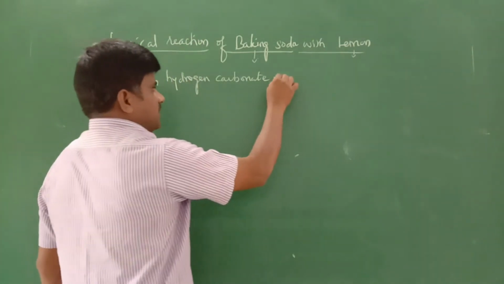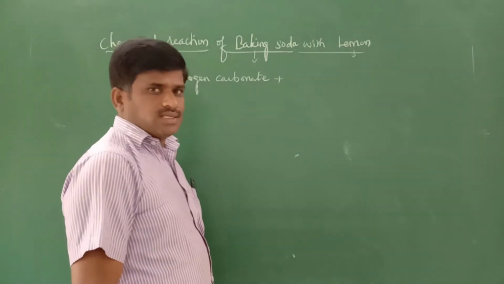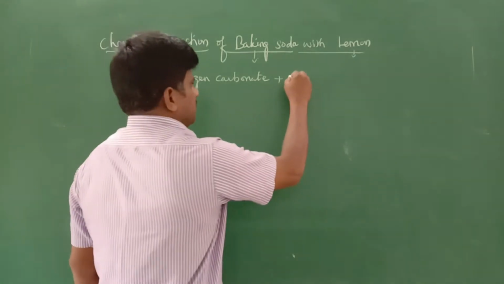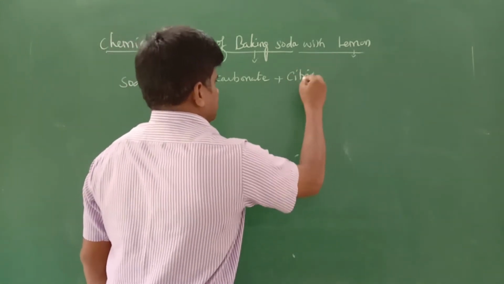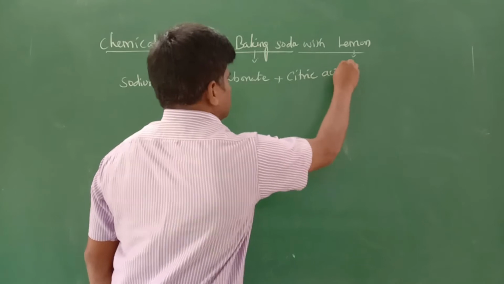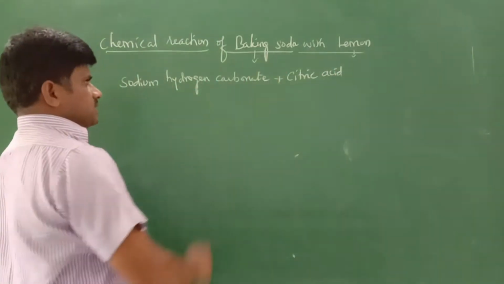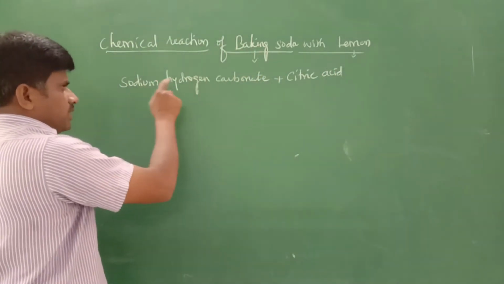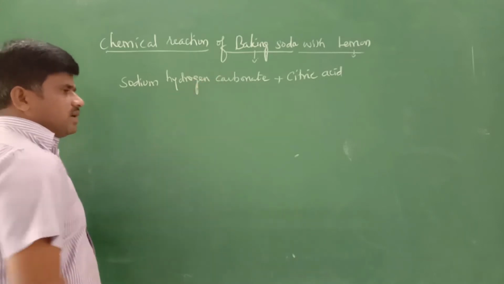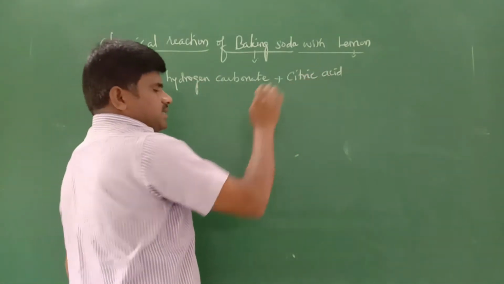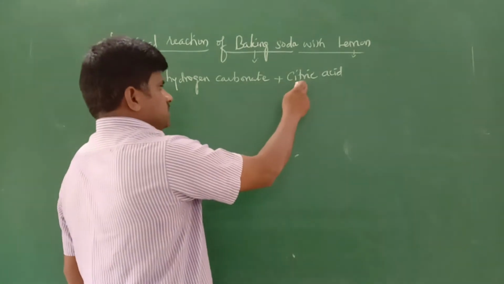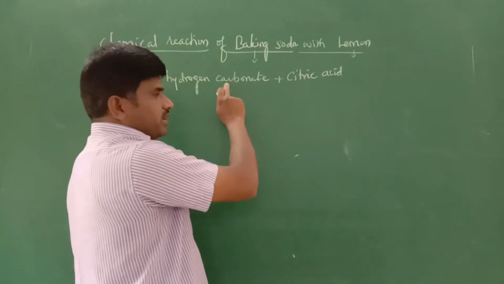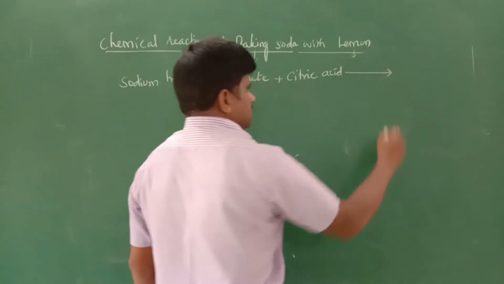Lemon contains citric acid, that is an organic acid. Baking soda contains sodium bicarbonate or hydrogen carbonate. Lemon contains citric acid. When citric acid is mixed with the sodium hydrogen carbonate, what is the product obtained?